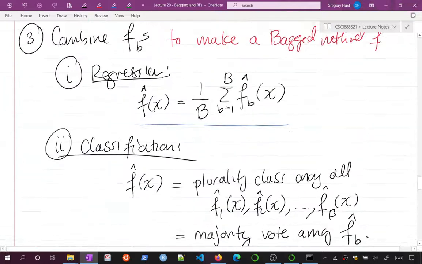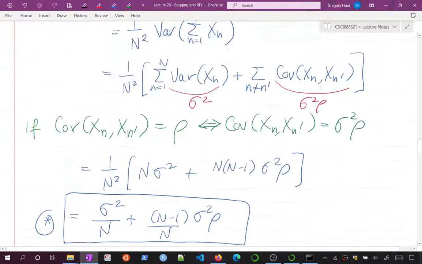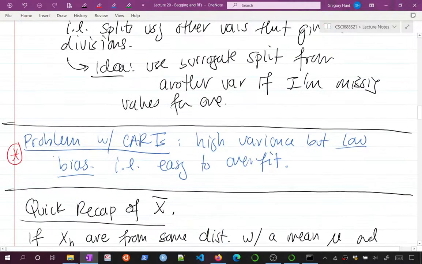What method do we know that has that? Well, we go back up to the beginning of the lecture. Our problem with CARTs is that they tend to have a high variance, but compensating for that, they have a very low bias. So the idea is let's bag together a bunch of CARTs, a bunch of trees.